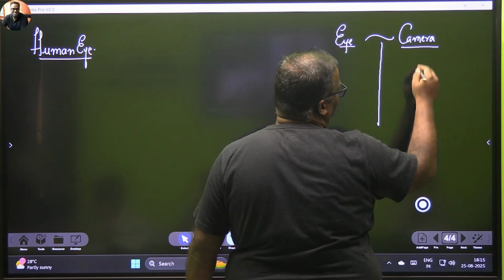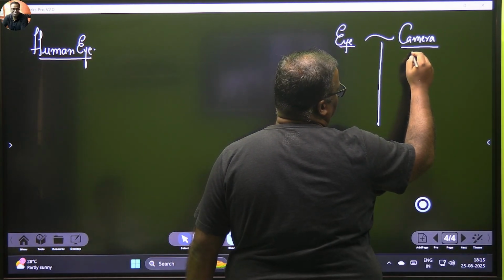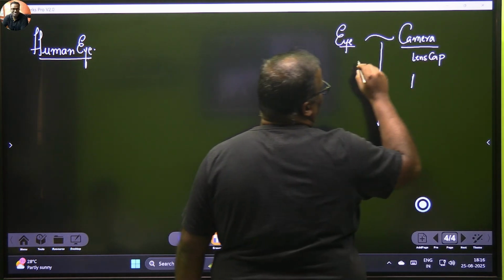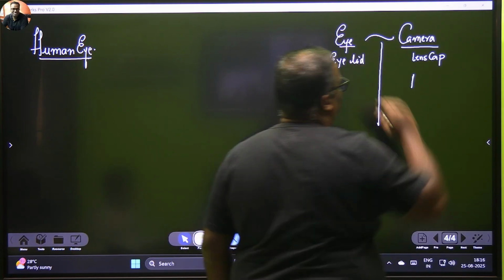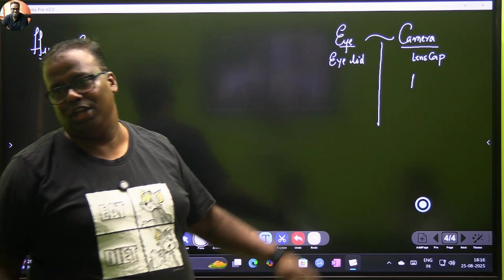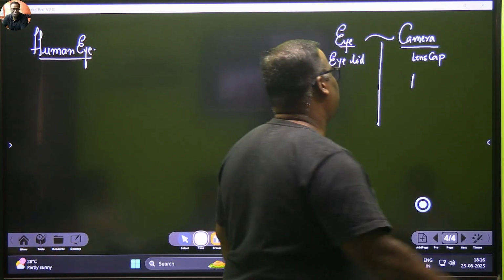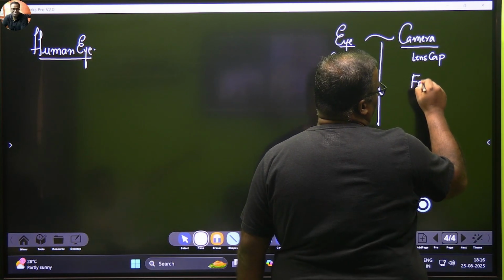A camera will usually have, first of all, a lens cap, right, which protects the lens. You have an eyelid, not cornea. Agreed? If you go for good cameras, then before the lens you'll have something called a filter.